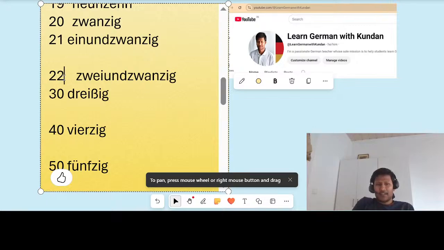Zwei, this part, and then zwei, and then und 20. In English, if we say 2 and 20, that is 22, right? Is it clear? Are you guys able to see where I'm writing zwei und 20? Yes or no? Okay, so you are able to see where I'm writing zwei und 20 exactly.